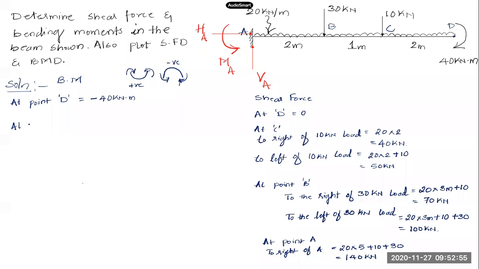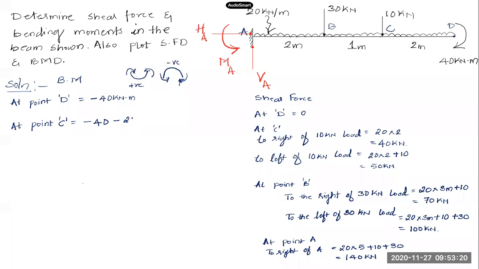Next is point C. At point C, this couple will come here, minus 40, taking the sum of all the moments to the right of the section. Due to the UDL, there will be a clockwise moment about point C, and right side clockwise moment has a negative sign.